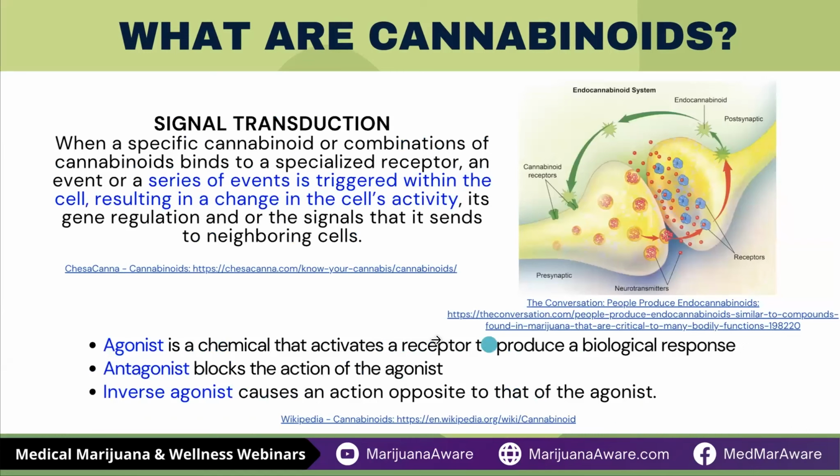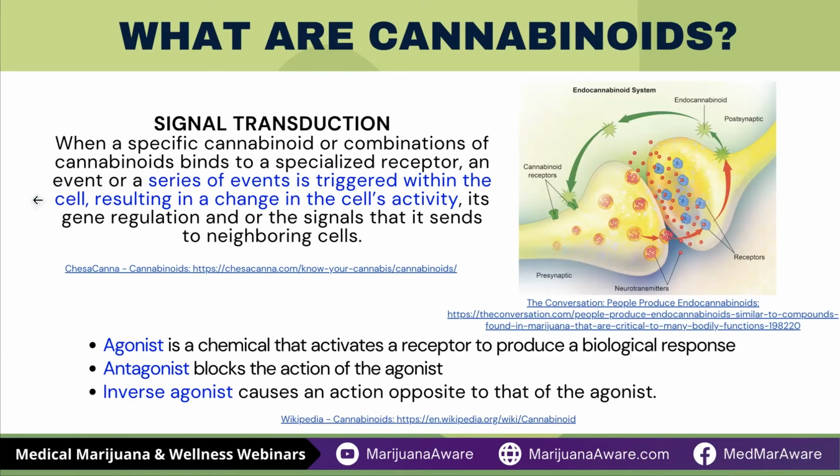This has to go back to what you mentioned, what they call signal transduction, where the actual cannabinoids are triggering cells in the body. They are, yeah. So cannabinoids are going to attach to the receptor. And then when they attach to that receptor, they are causing a reaction.